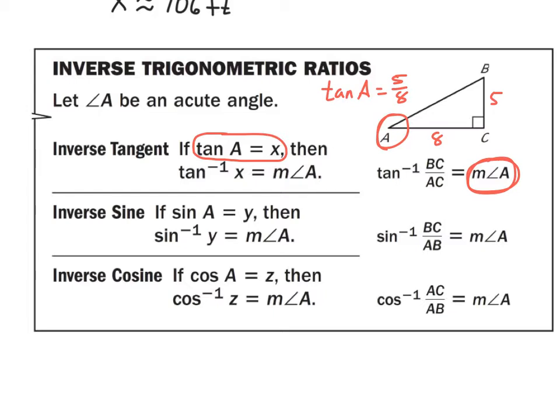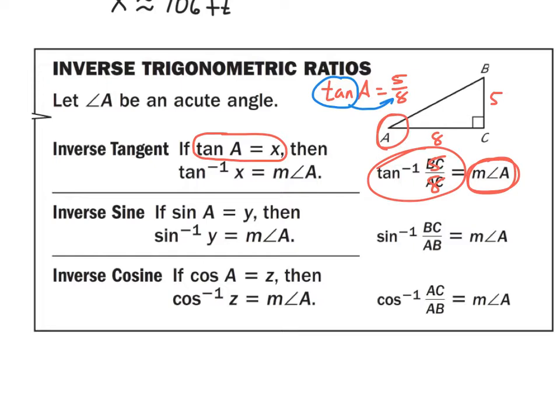Then what we do is we take this word tangent and we just flop it to the other side of the equation. And so the measure of angle A is going to be the inverse tangent of 5 over 8. That is something we can just plug into your calculator.